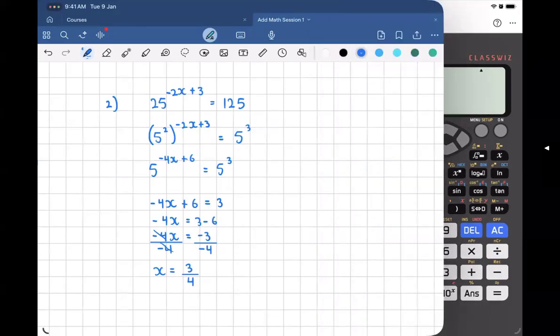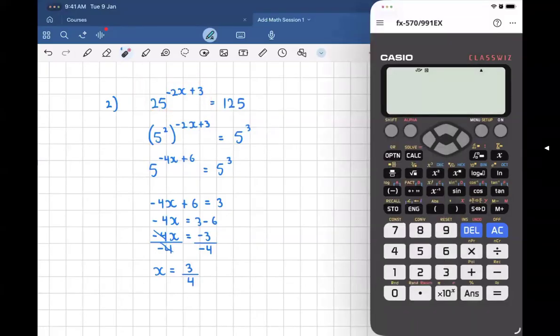Not just that, to satisfy the equation. So Shana, when I put 3/4 into the equation, what am I supposed to get if it's correct? 125. So that's how you check over. You substitute your answer into the original equation.